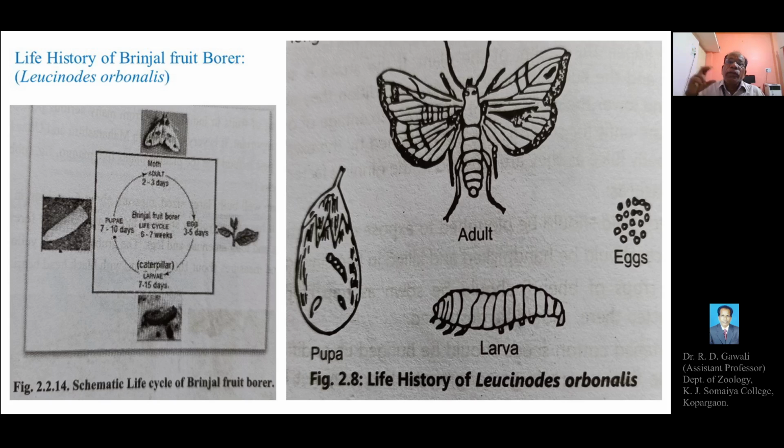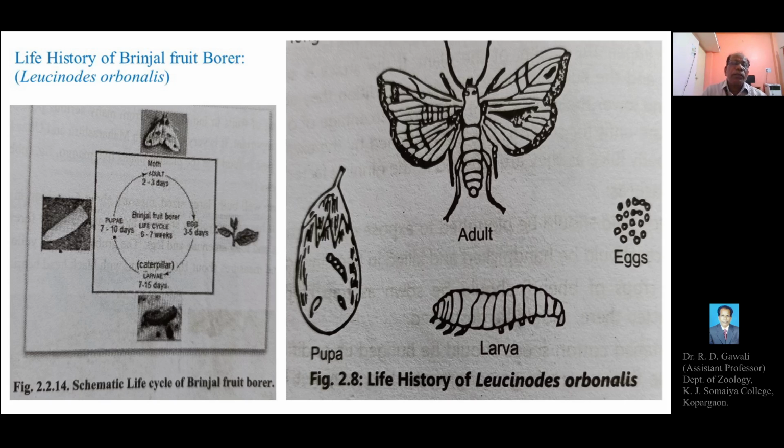The duration of the pupation is about 7 to 10 days, and after 7 to 10 days of pupation, the pupa gets transformed into the adult stage, which emerges by breaking open the cocoon, which is secreted by the larva itself at the stage of last instar.